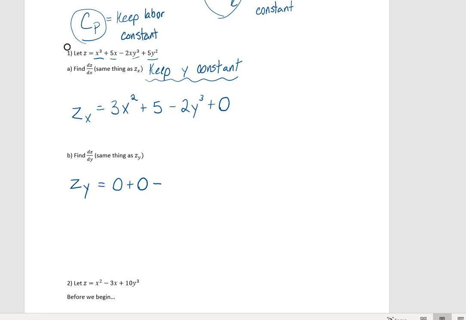Minus, now, remember, that's going to be 2x in front, times the derivative of y cubed, which would be 3y squared. Remember, we're treating this coefficient like it's just a number. Plus 10y. Great. You're going to want to simplify that when you do the homework. So that's going to simplify out to negative 6xy squared plus 10y.